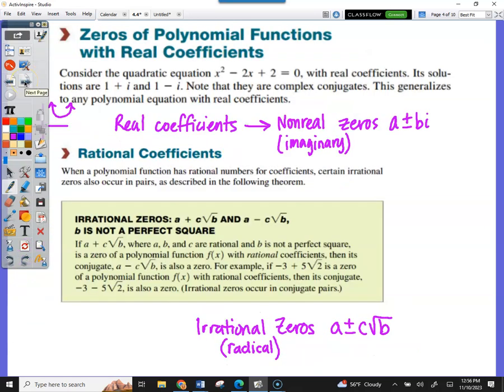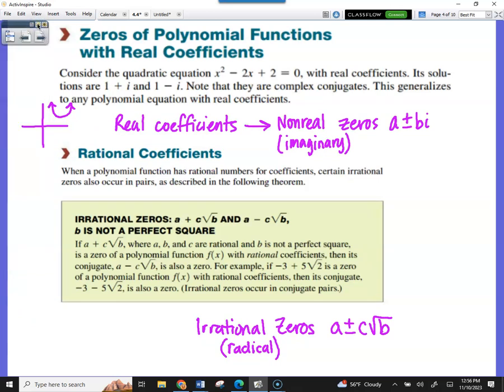All right, go to this slide. The purpose of this slide is to say sometimes when you have a polynomial, depending on where it is on the graph, it may not cross the x-axis.